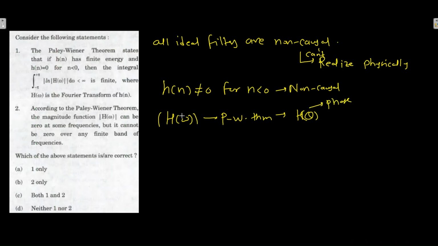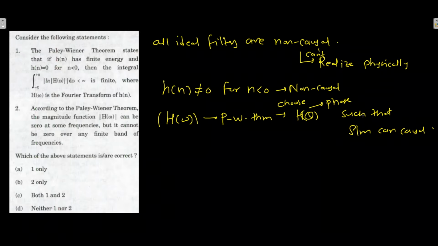So if the magnitude is given and the magnitude satisfies the Paley-Wiener theorem, we can choose the phase such that the system can be causal. Whenever we have the impulse response given, we can't do anything, but with the help of the frequency response, definitely the power is in our hand. We can choose the phase such that the system is causal, and then we will realize it physically. We will design the filter physically.